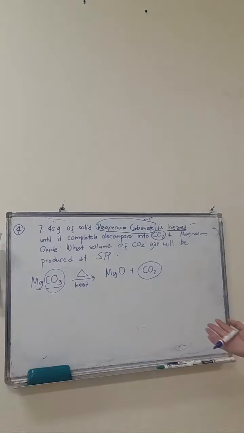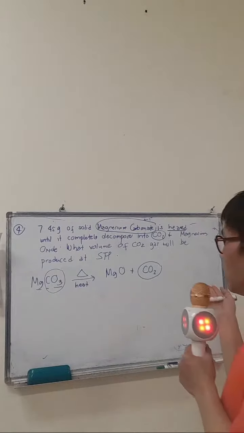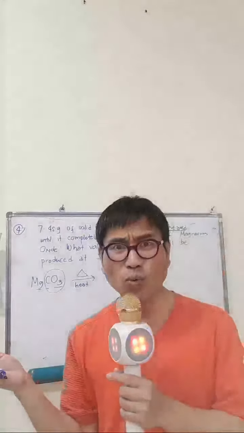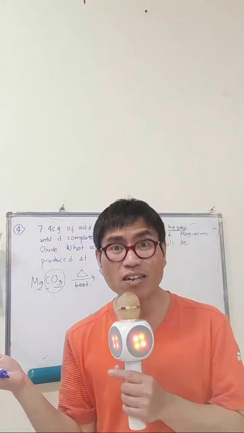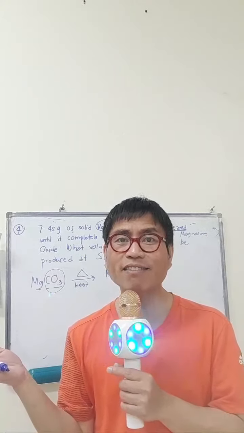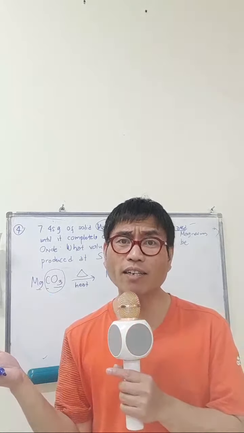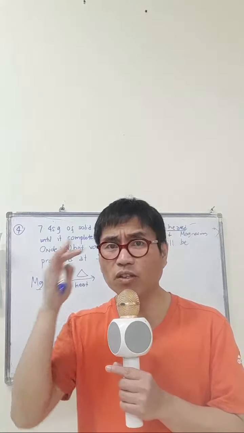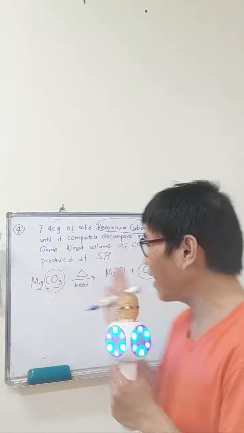Then what will remain? There's still one oxygen remaining. Since oxygen is very reactive, this one oxygen will react with magnesium. Reactive gas means it needs stability by reacting with other elements. The most reactive element on planet Earth is oxygen.